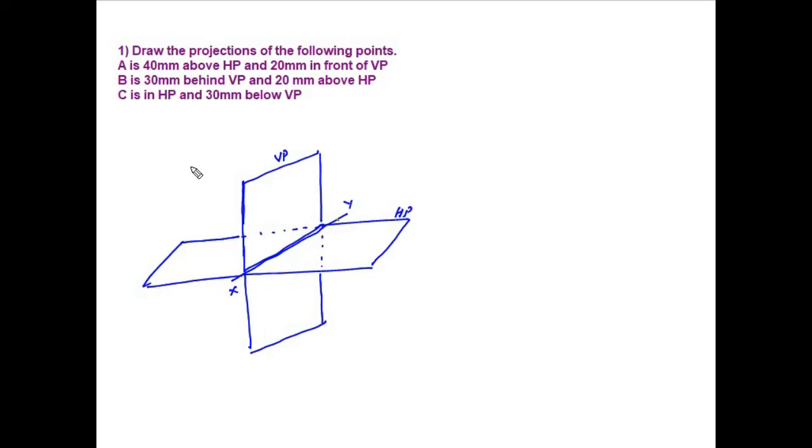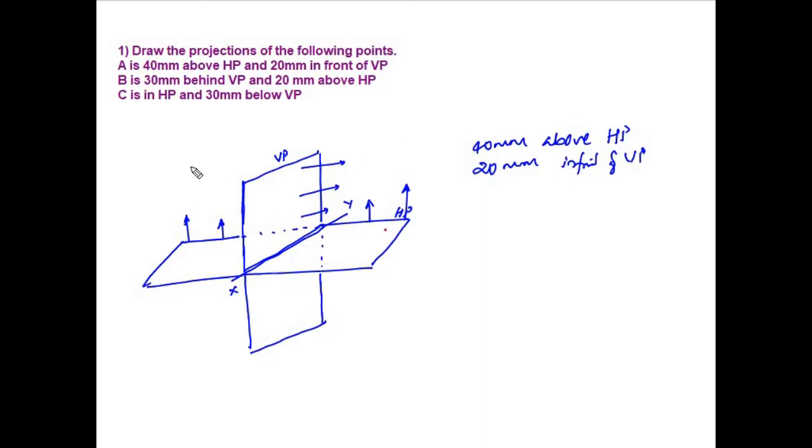Now point A is 40 mm above HP. So above HP, this whole region comes above HP, so it can be anywhere over here. Let us go to the second condition, 20 mm in front of VP. So this whole region comes above HP and in front of VP.